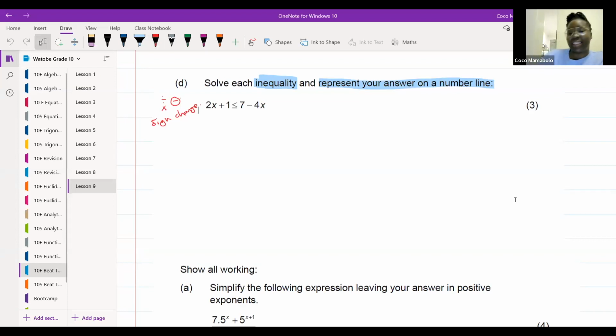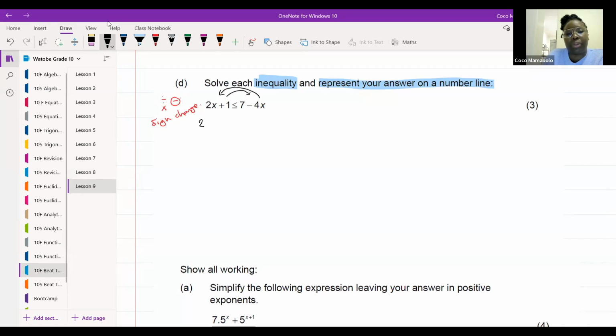I was going to wait until the 1 minute was up, but it looks like many of you are done, so let's jump straight into it. First thing I'm going to do: anything with an X, one side; anything without an X, other side. I'm going to take my negative 4X over to the other side, and it becomes positive. I'm going to take my 1 over to the other side, and it becomes negative.